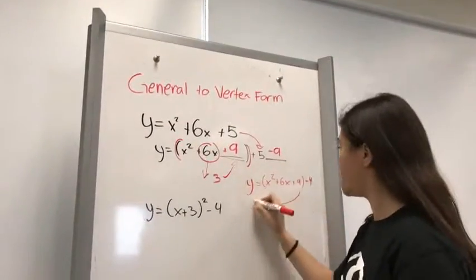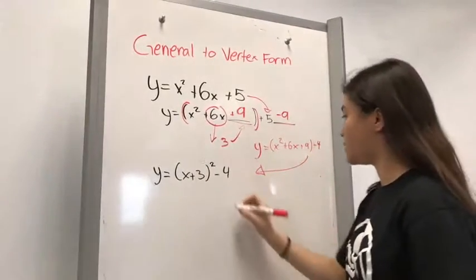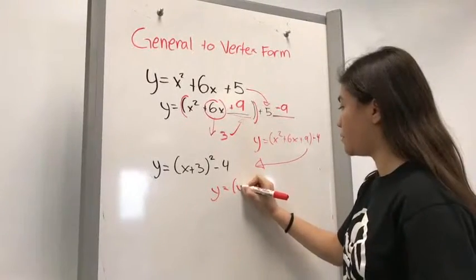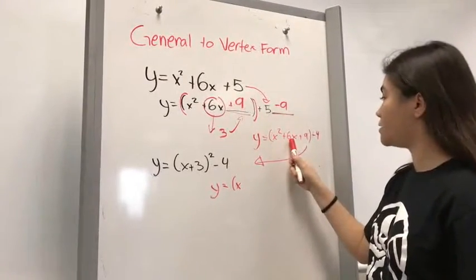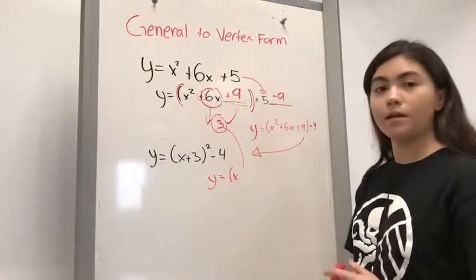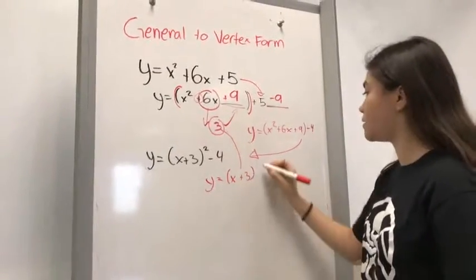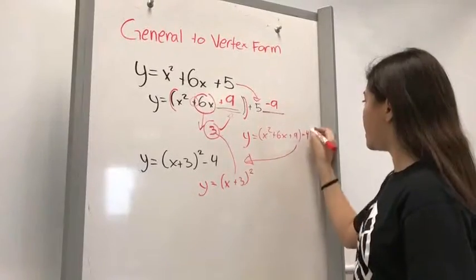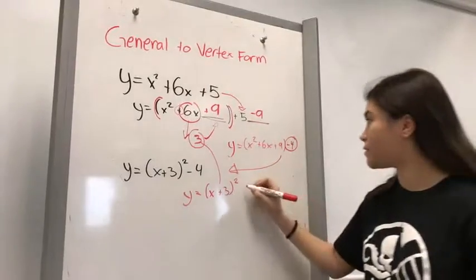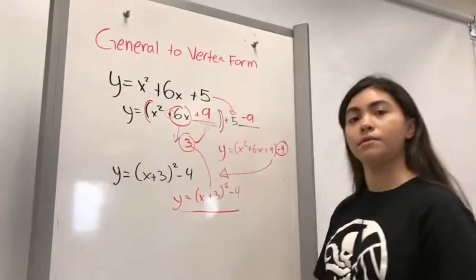Then we rewrite it as y equals, we open our parentheses and we put x, then the half of our second term with the same sign as we had in the first place, so plus 3, close the parenthesis, square, and then the term we concluded from plus 5 and -9, so it is -4. This is our end answer.